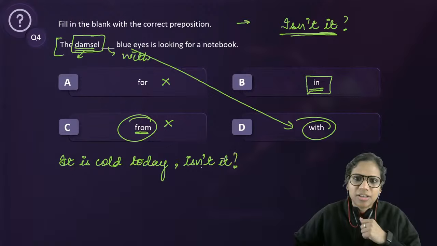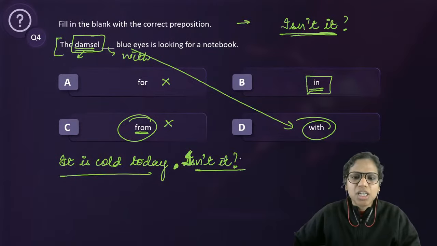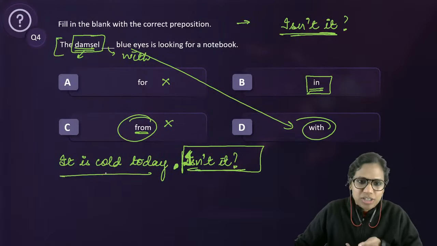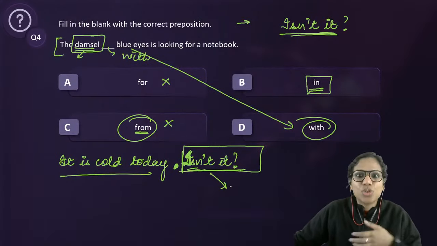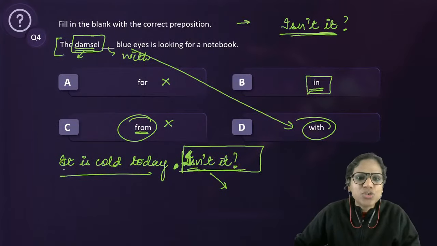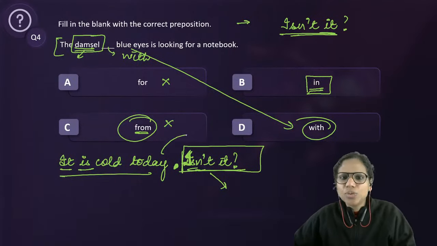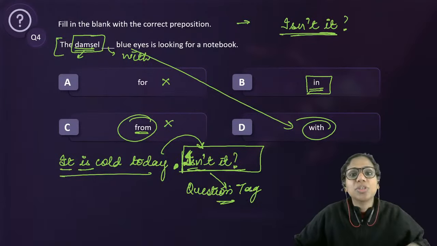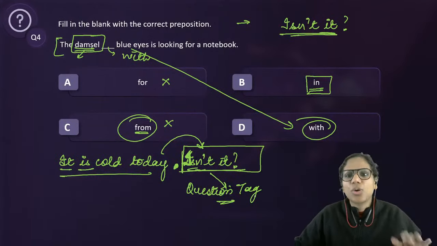I am using this isn't it just to emphasize my point. I actually expect agreement from you too when I say isn't it. When I start a sentence with it is, I can use isn't it as a question tag later on. This is called a question tag, and it is used for emphasis or to seek confirmation from the other person. So nothing wrong with it.